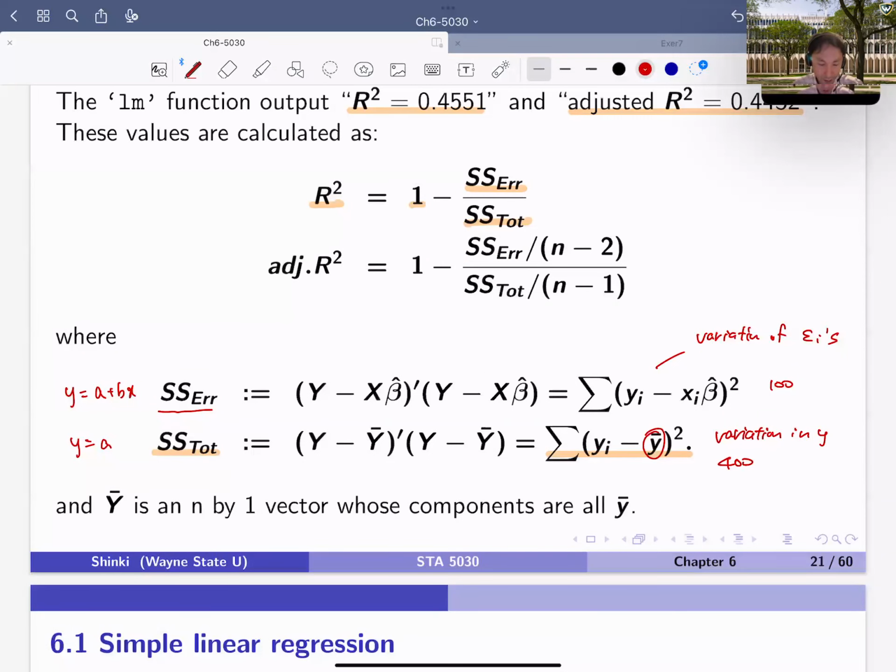R square is between 0 and 1. If it is equal to 1, then x perfectly explains y. And if it is 0, then x is garbage. X is not informative for y. X does not explain y at all.